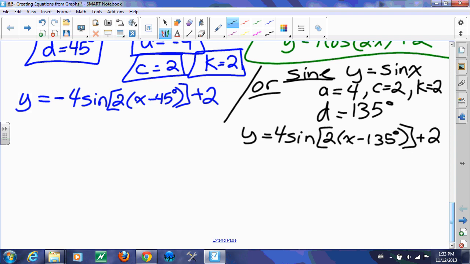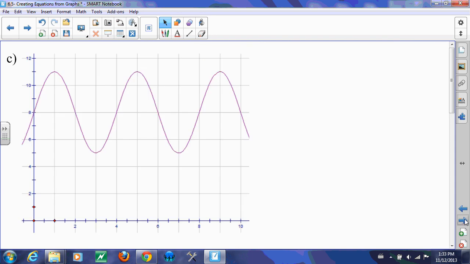So I just showed you a second example, ladies and gentlemen, and we'll move on to graph C. Taking a look at graph C, I see that there are multiple cycles here, so you could have multiple answers depending on where you started from. But I'm always going to start with the most basic expression.